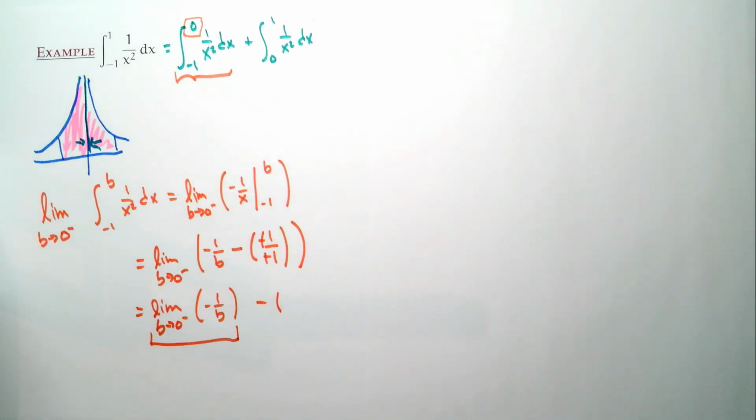It's positive, and if b is small, 1 over b is big. So it's a big positive number, and it gets bigger and bigger. The expression 1 over b gets bigger and bigger as b gets closer to 0. So that part heads towards infinity.